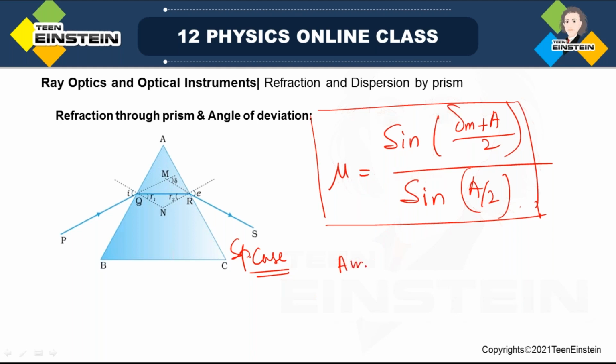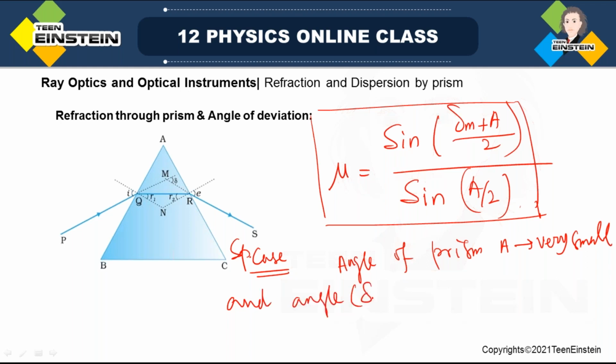If the angle of prism is very small, that means A is very small, and also the angle of deviation delta minimum is very small, then what can we write? Sine theta we can write as theta.